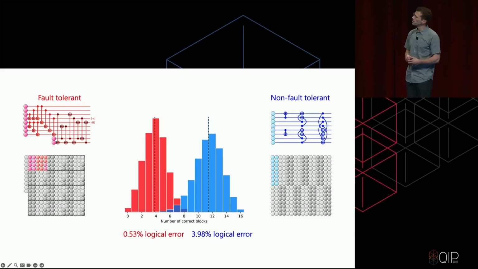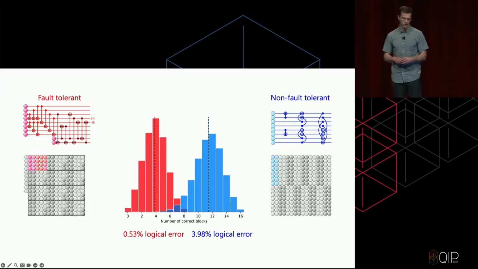So the fault-tolerant circuit, yeah, it's true you get many fewer logical qubits, but they're now much more useful. And indeed, the logical error rate is almost 10 times less, 8 times less maybe. So it's significantly better. All right, still, we'd like to run computations, not just initialized states. What kinds of computations can we run?